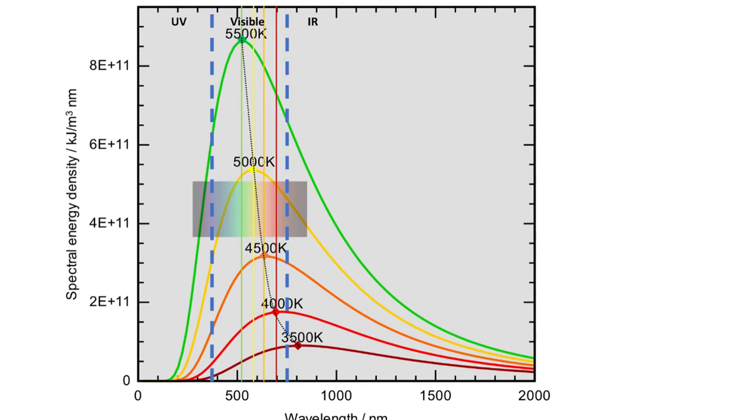But that means then that the associated frequencies are increasing, and as we know, energy is directly proportional to frequency, E equals hf. So the frequency is going up, the energy is going up. We also see here that this peak sits outside of the visible range. This is the visible range.